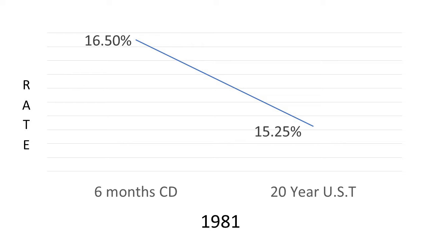Many of you bought tax-free bonds from us at 15 and 16%, but most investors put their money in a 6-month CD, and it was great until the 16.5% rolled over to 4%. So when you have short-term rates paying more than long-term rates, that's what's called an inverted yield curve, okay?